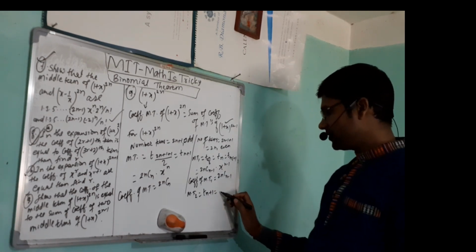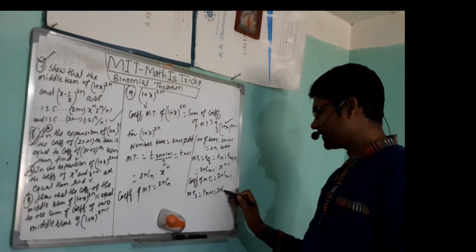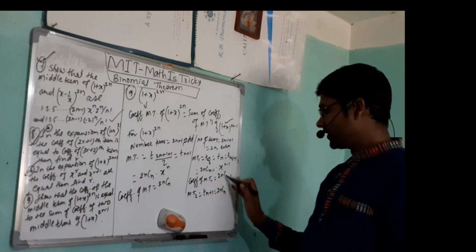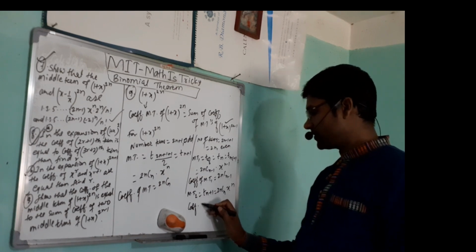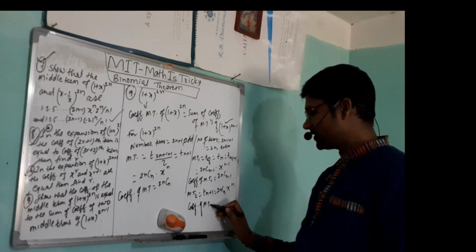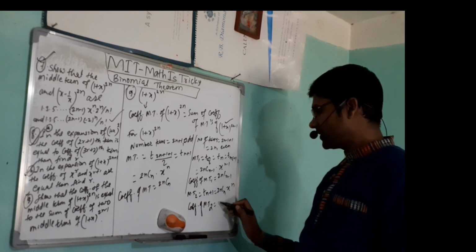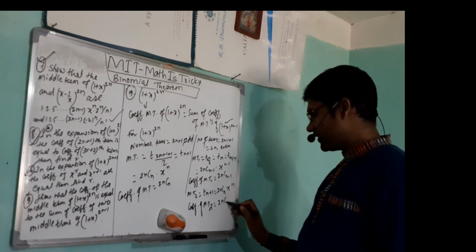So the middle term will be (2n-1) C n, and then x^n. So the coefficient of the second middle term will be (2n-1) C n.